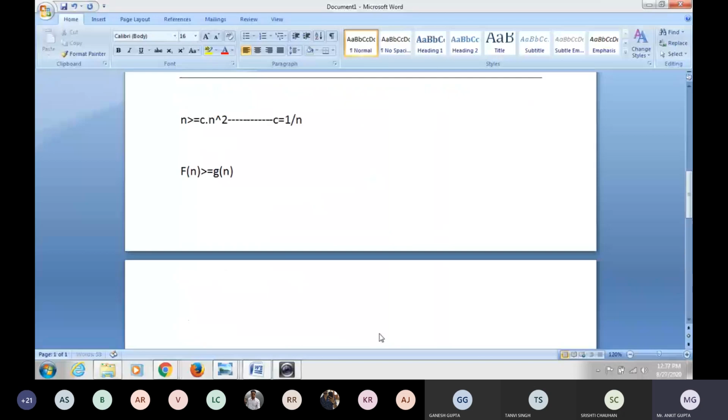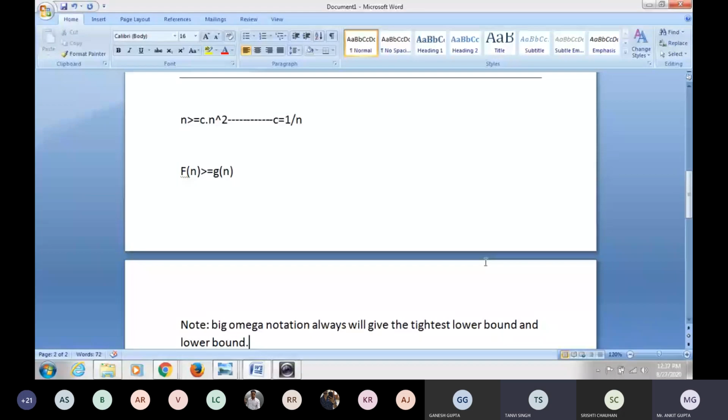You can note down that big omega notation always gives the highest lower bound and lower bound, because I have to look at that part.